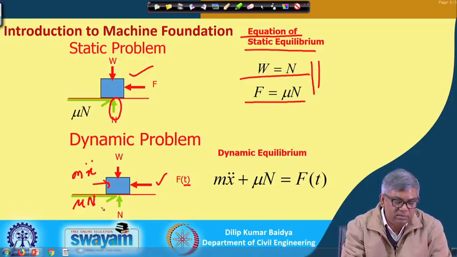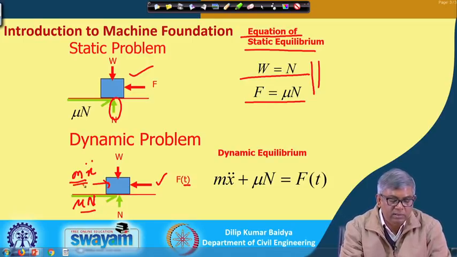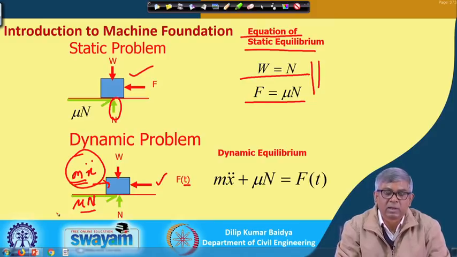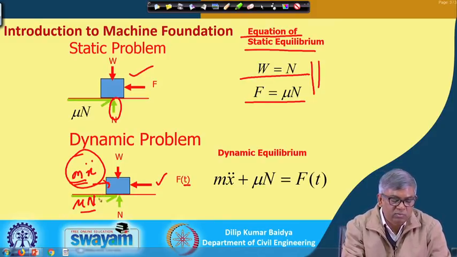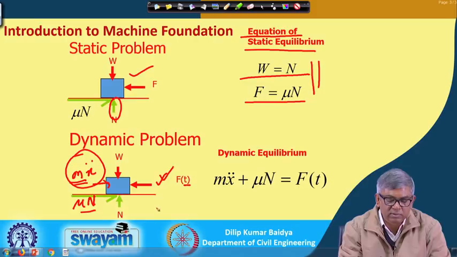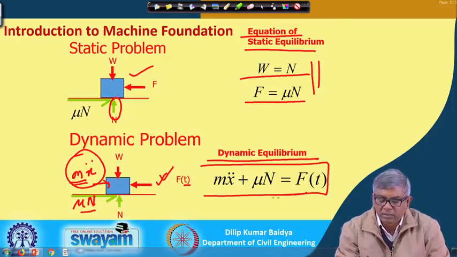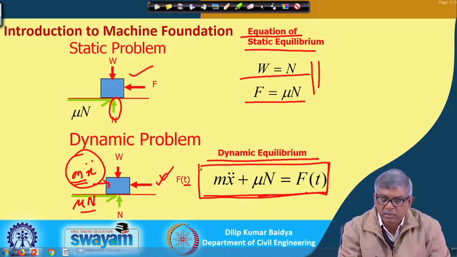These two forces, mu N and m x double dot, are the forces: mu N is the resisting friction, and since it is a dynamic problem, there is this inertia force, which is mass into acceleration. These two forces will resist the external force F of t. If I now consider dynamic equilibrium instead of static equilibrium in the horizontal direction, this will be the equation. So this has to be solved differently than whatever we do here.